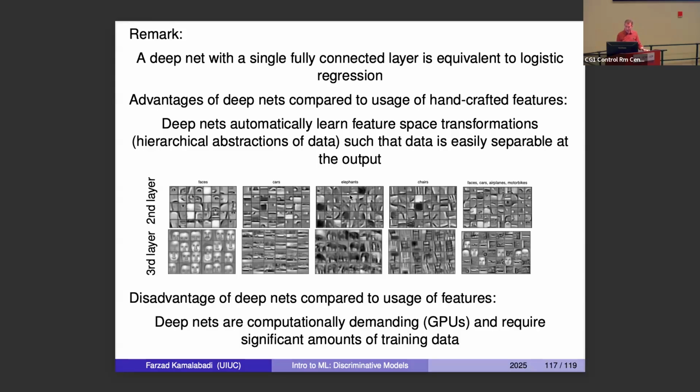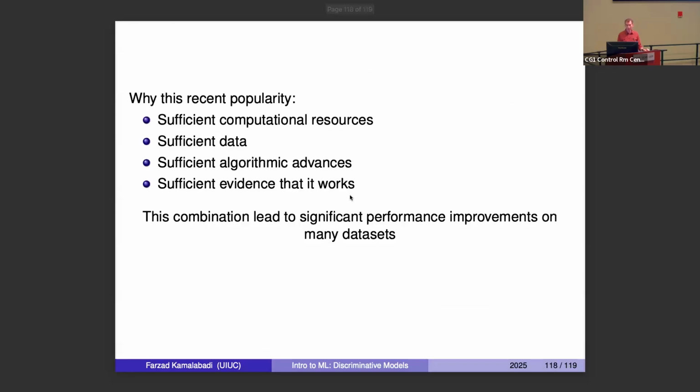They are computationally demanding, but of course, these days there's a lot of advancement in using GPUs in combination with other hardware acceleration architectures and ideas, and they require a significant amount of training data. Those are the two things to keep in mind.